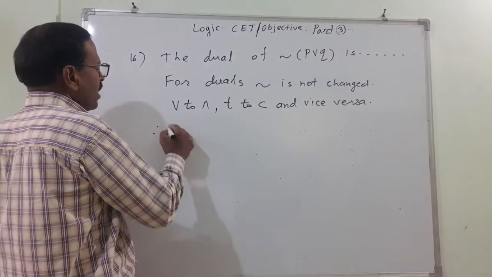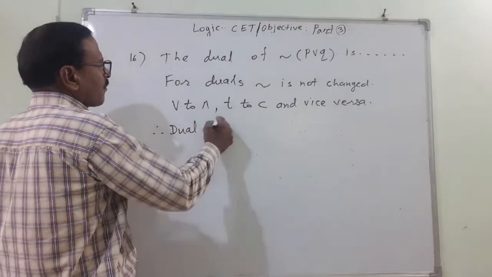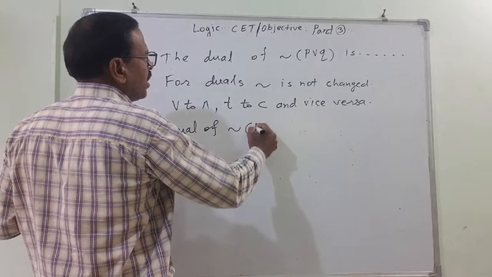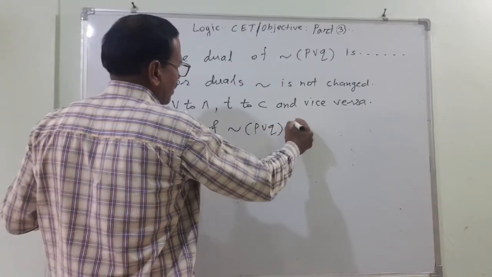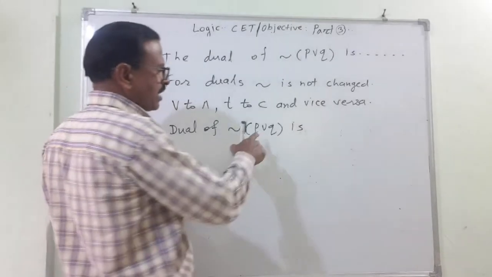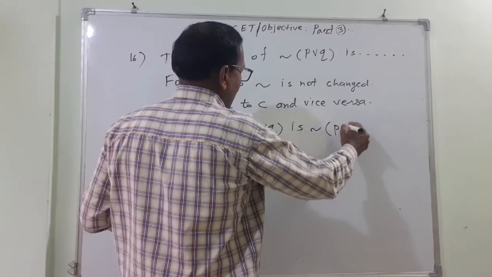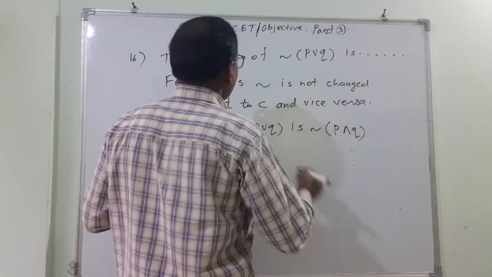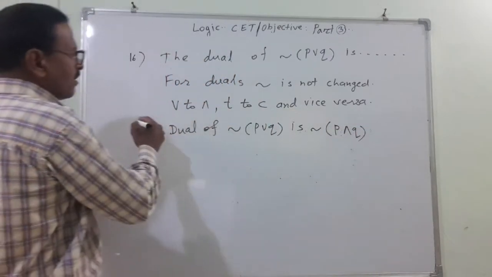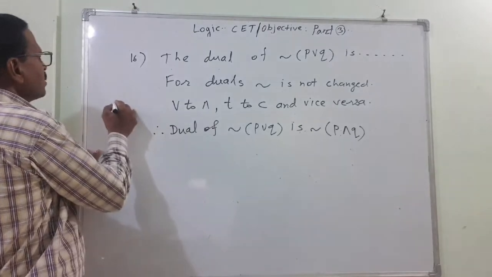Therefore, the dual of negation P or Q is: negation won't change, so negation P and Q. Again, one thing here remaining is not changed.